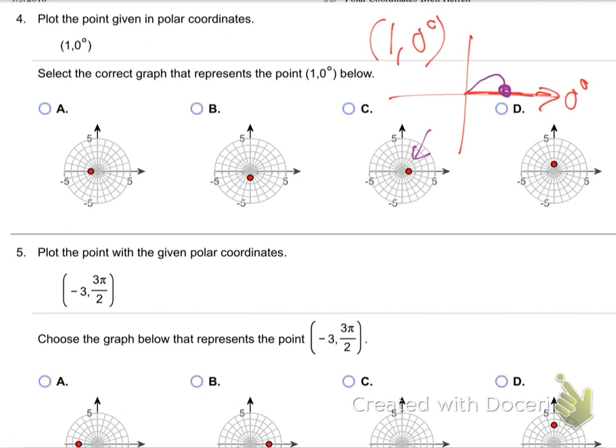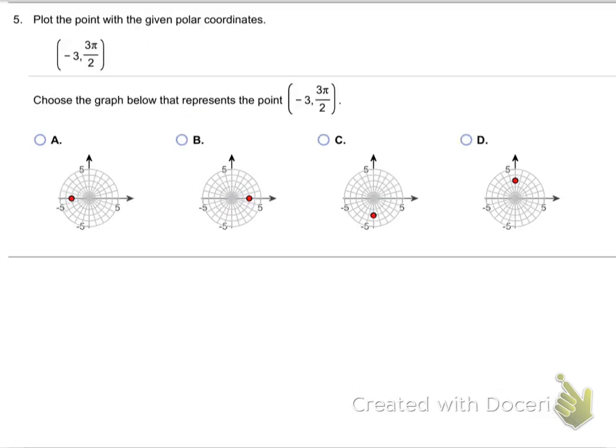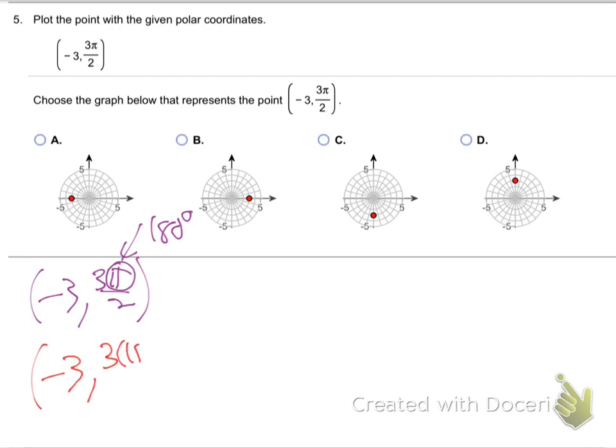Try number 5. Negative 3, comma, 3 pi over 2. So first find that angle. Put in a 180 for that pi.